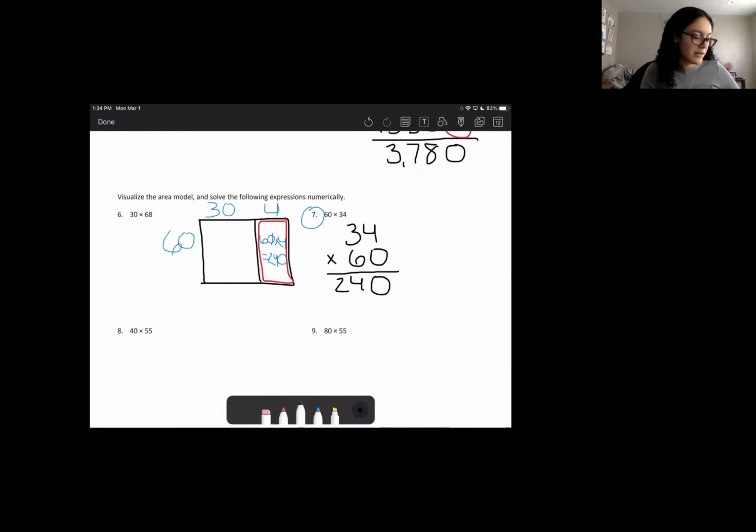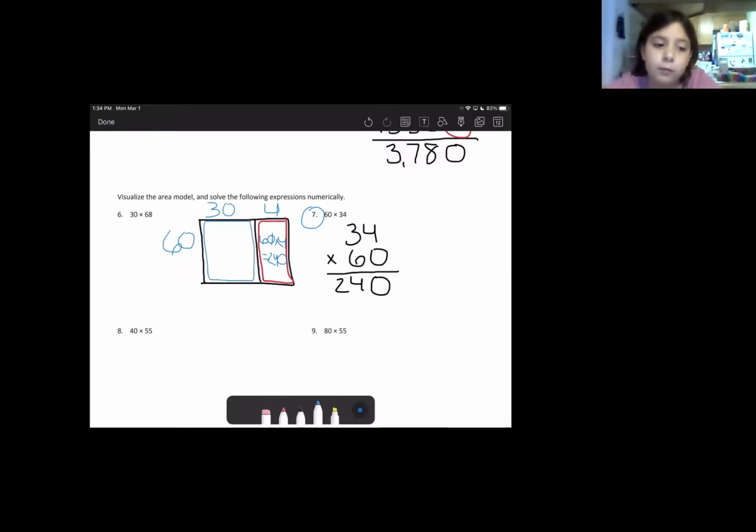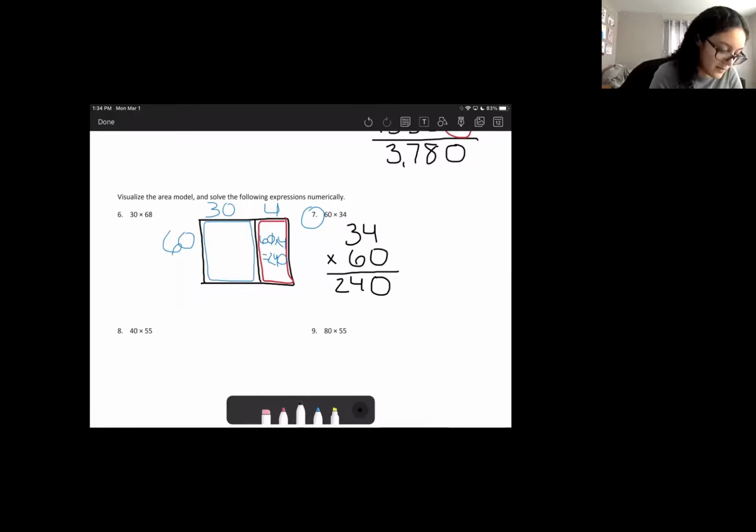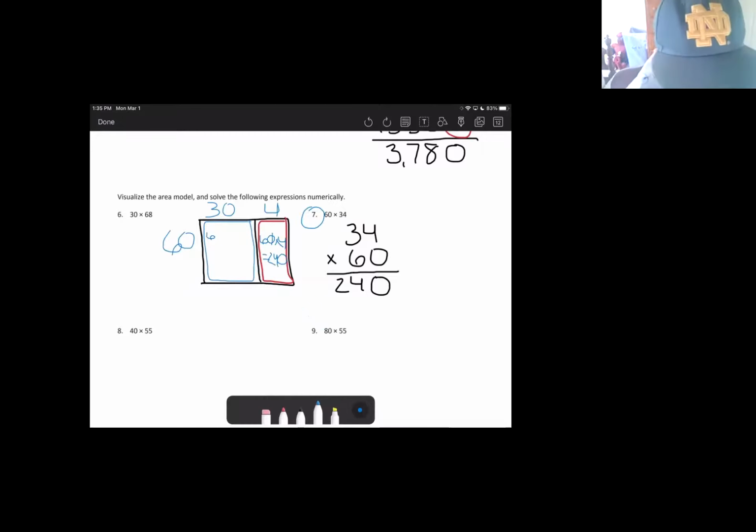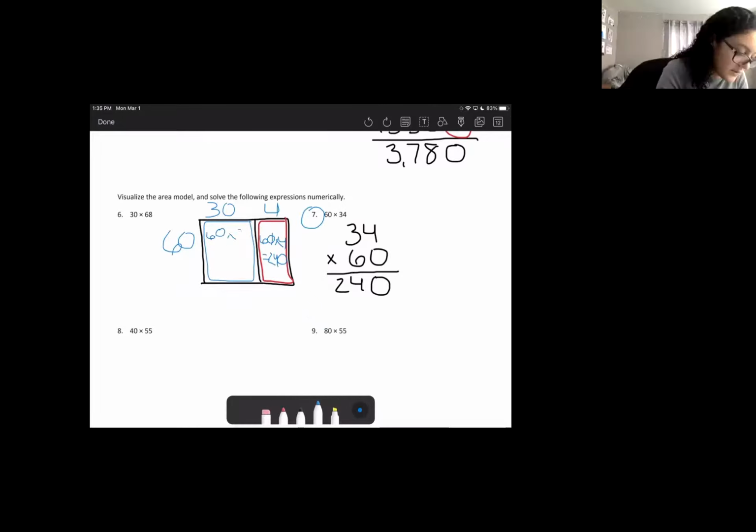All right, so Bella, what am I going to multiply to figure out the area of the bigger rectangle? 30 times 60. Right, we're going to do 30 times 60, or 60 times 30.